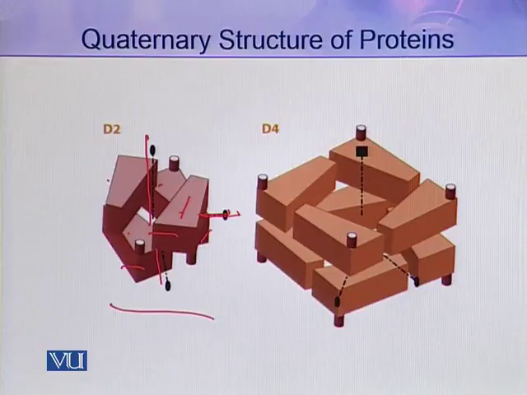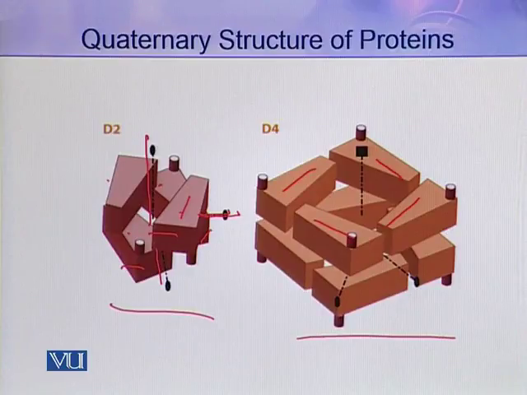Normally two rotational axes are present. Similarly, in this you can see the number of protomers is increasing. This symmetry is called D4, dihedral symmetry D4, in which again there are 4 protomers, but again the rotational axes, one is this, the other one is this. So for these protomers there are at least 2 rotational axes present in the molecule.